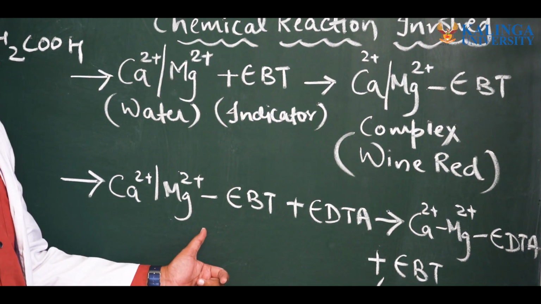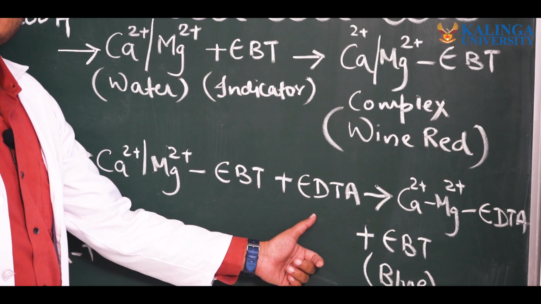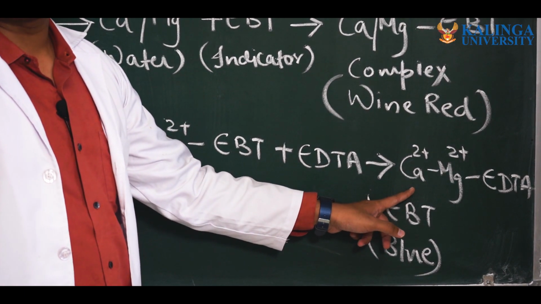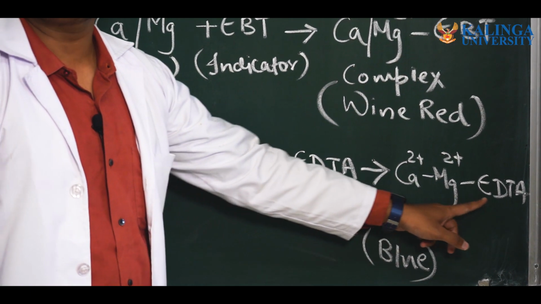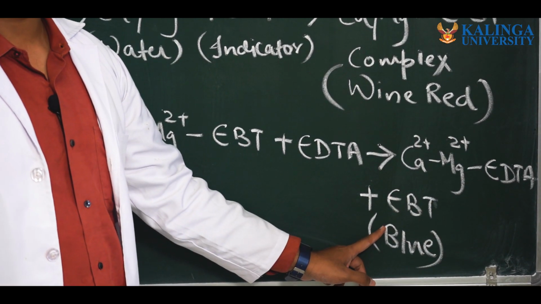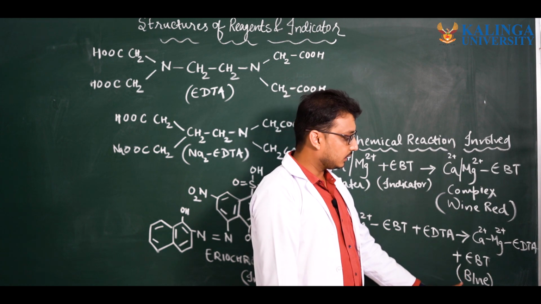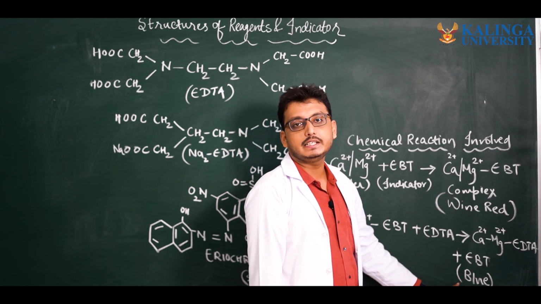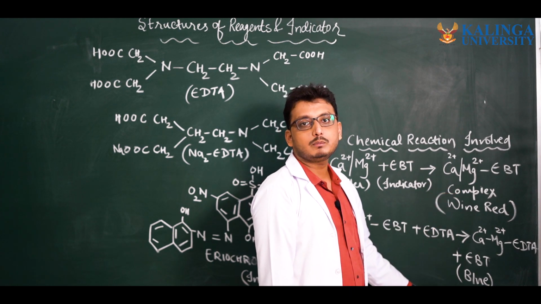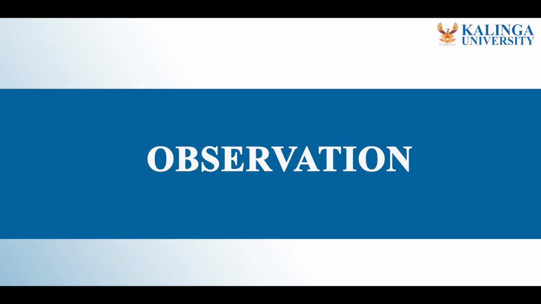So in the second step, the unstable complex is replaced by the EDTA added from the burette, leading to the formation of the calcium magnesium EDTA complex, which is a stable complex, releasing the free indicator, that is the Eriochrome Black T. The color of the solution developed is finally blue. So the conversion of wine red to blue color is the end point of titration.